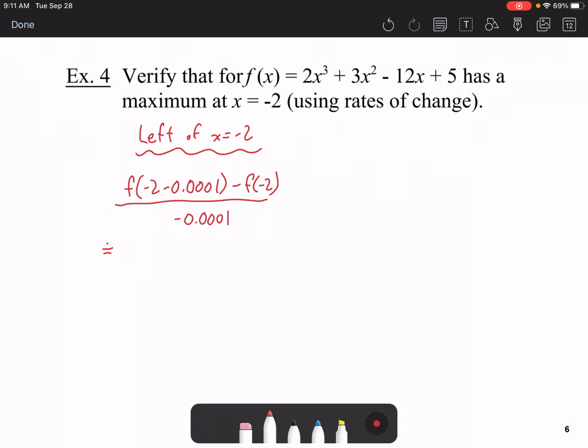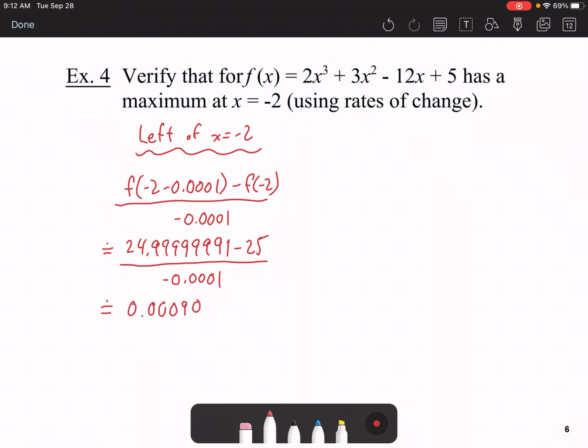Again, work out our values. This works out to be 24.999999991 minus 25, all over -0.0001. This works out to be approximately 0.000900002. So here you can see on the left, it's a positive value that's close to 0.